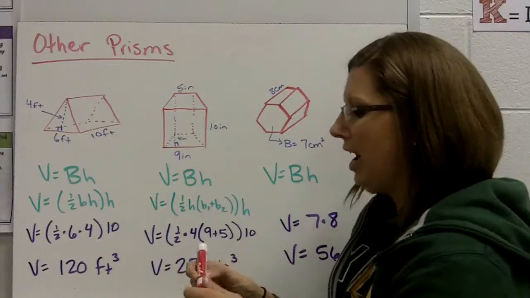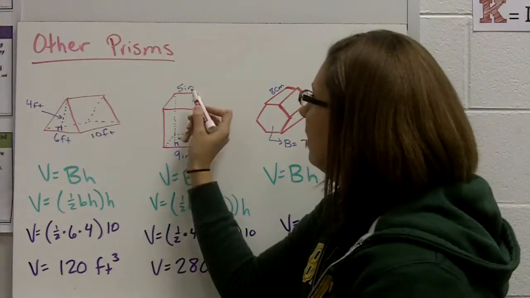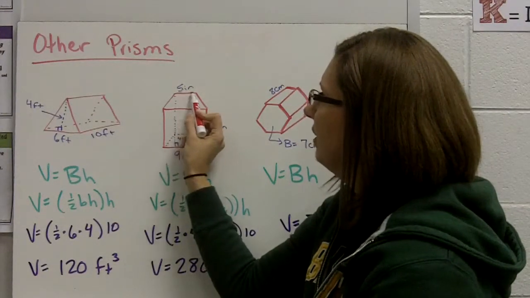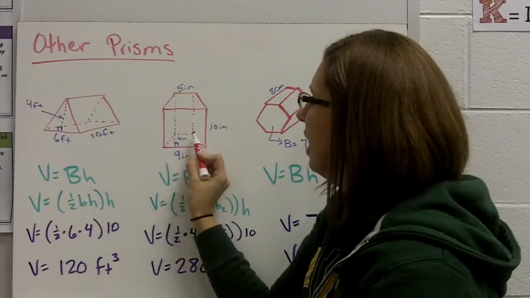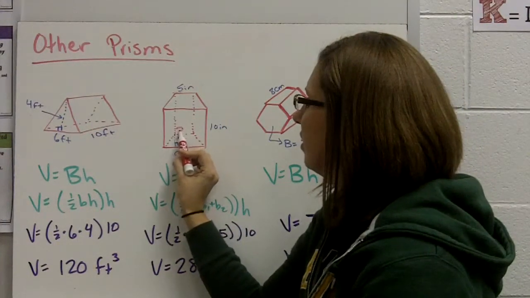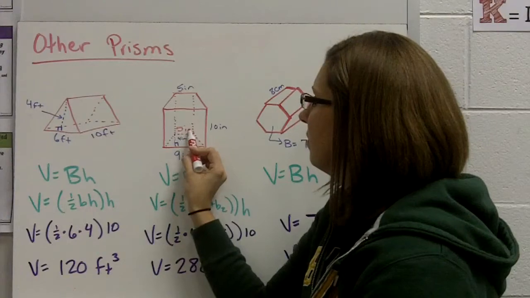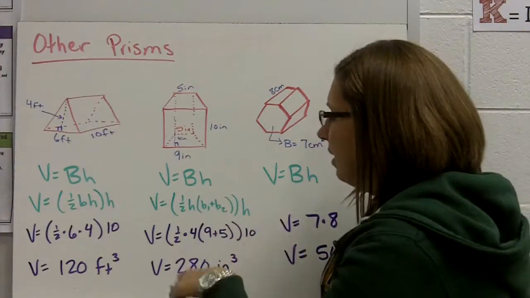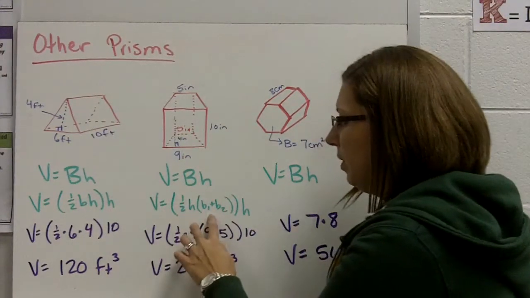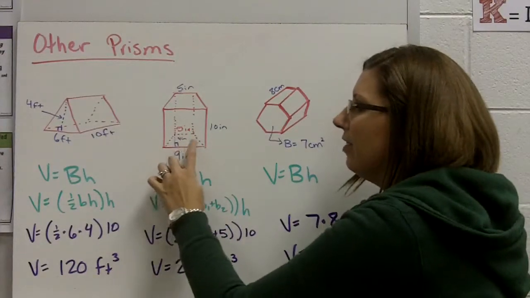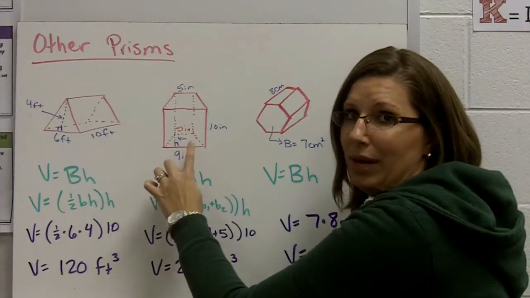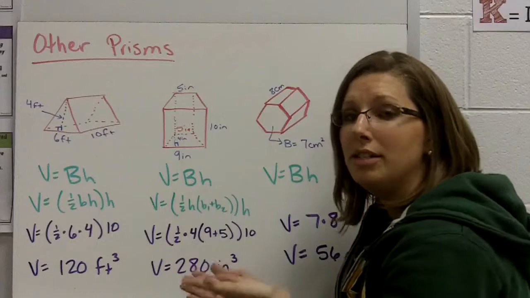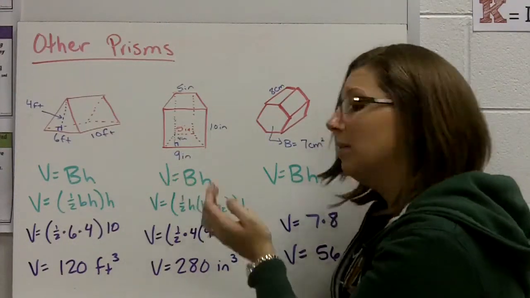I know that's hard to figure out, but if we look at this line here, 5 inches, if this is 5 inches, this is 5 inches. So if I do half times height times B1 plus B2, that takes care of the area of that trapezoid. Then to find volume, I just multiply by how tall the prism is.